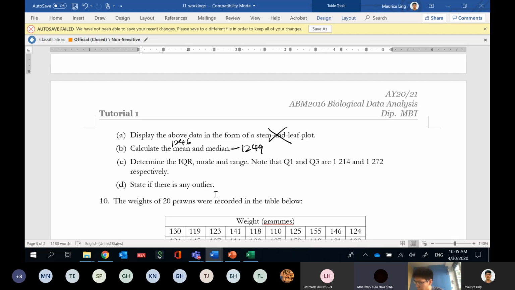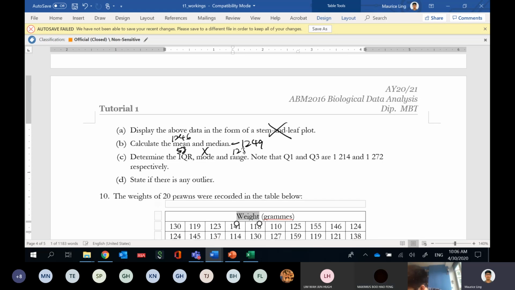Wait, you want the IQR, mode and range, right? Yes. IQR is 58. I think there's no mode, and the range is 123. Correct. There's no mode. The range is 123. Yep, because for a mode, you need at least one more value that repeats.